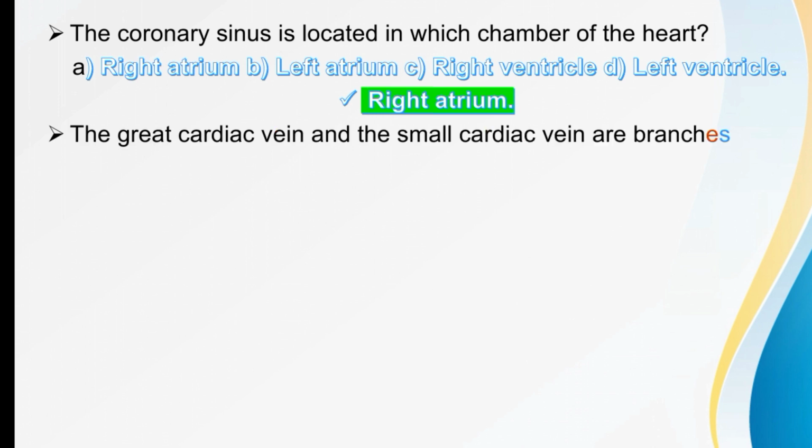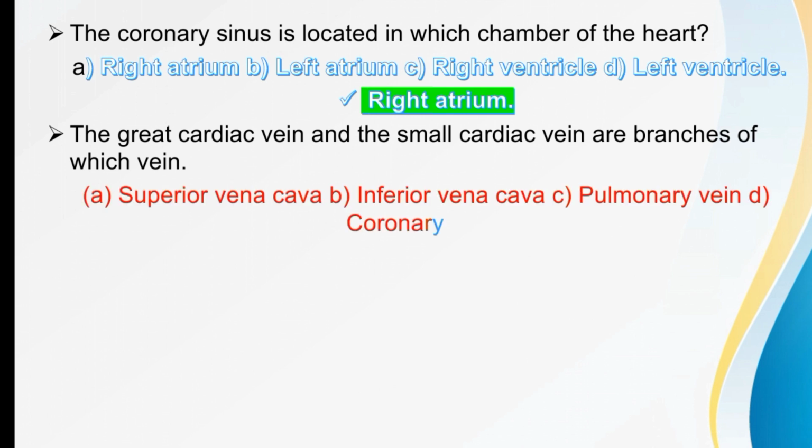The great cardiac vein and the small cardiac vein are branches of which vein? Our options are superior vena cava, inferior vena cava, pulmonary vein, or coronary sinus. So the great cardiac vein and the small cardiac vein are branches of the coronary sinus. The right option is coronary sinus.